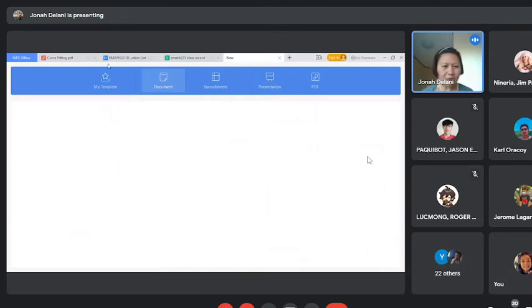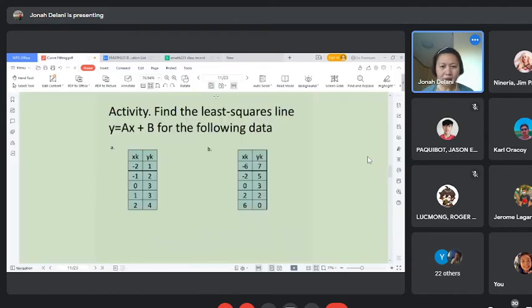Ay naapon to eh, naapon tayo kuan. I think natay board diri sa whiteboard diri sa Google Meet.